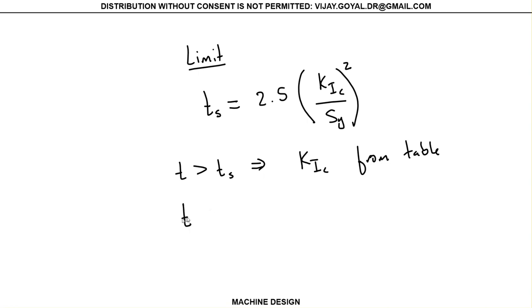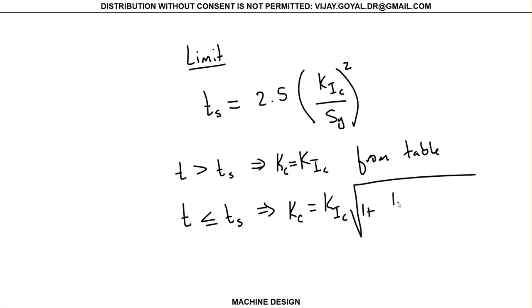Now, if your t is less than or equal to ts, then use Kc equal to KIC times the square root of 1 plus 1.4 times t squared times KIC divided by sigma yield to the fourth.